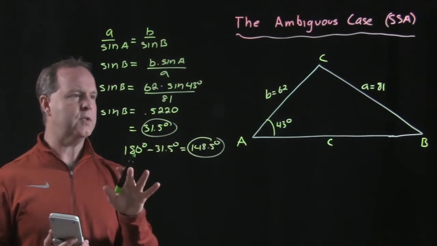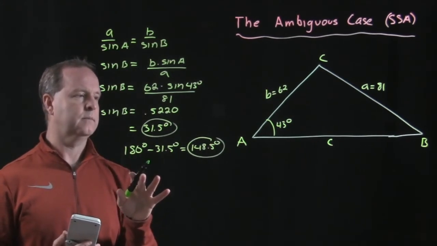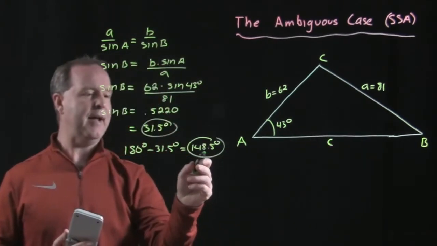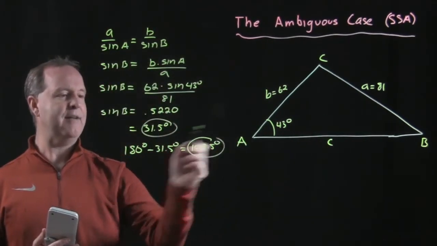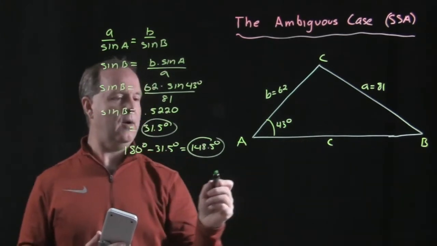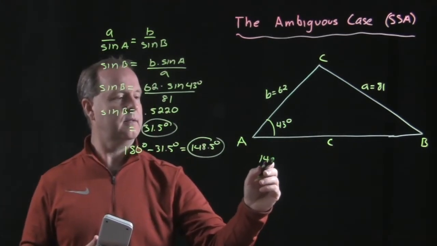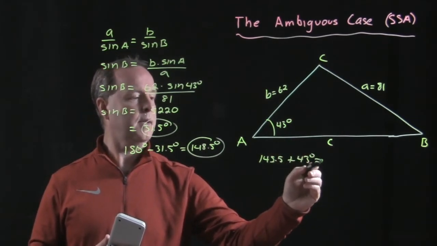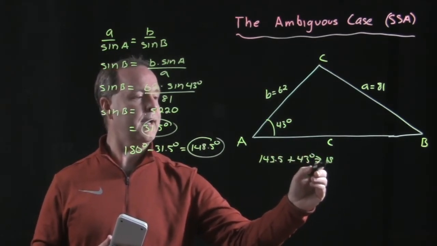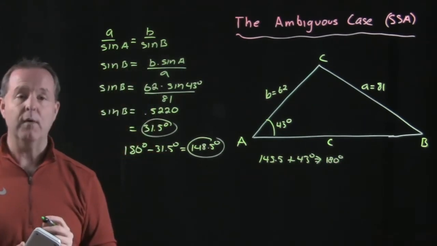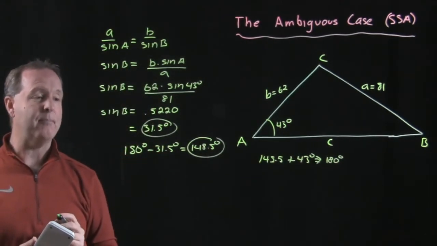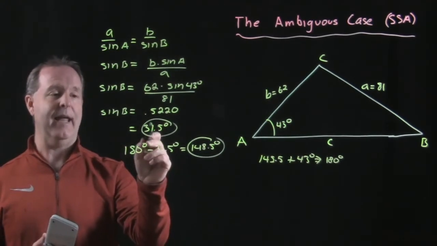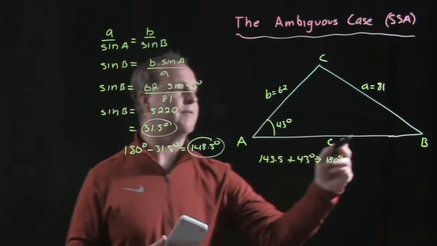So can those two values work? Well, 31.5 degrees is a possibility. But 148.5 plus 43 degrees is already more than 180 degrees, so I know that 148.5 cannot be one of the angle measurements. Therefore, the angle has to be 31.5 degrees.